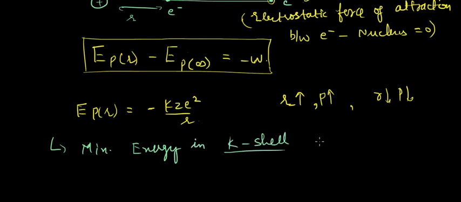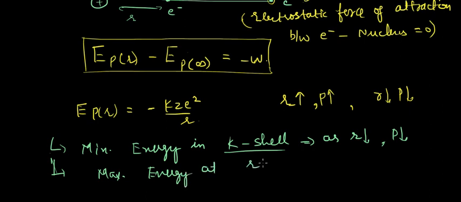Hence as r decreases, PE also decreases, and maximum energy would be at r equals to infinity. So with this we come to an end of this lecture. In the next lecture we'll be seeing more transition of electrons from one orbit to another orbit.